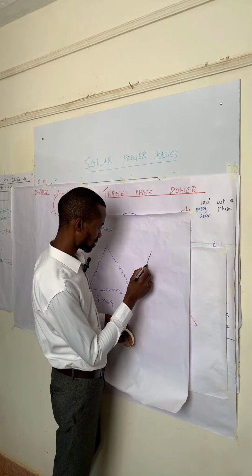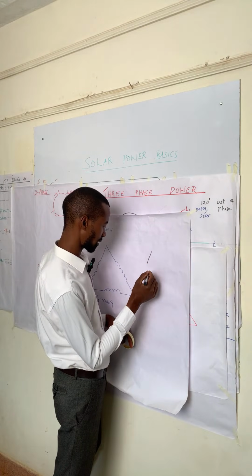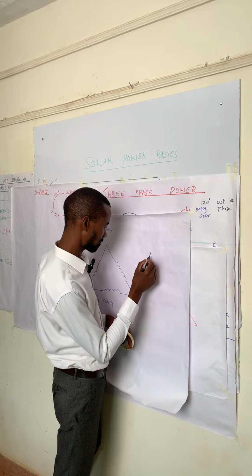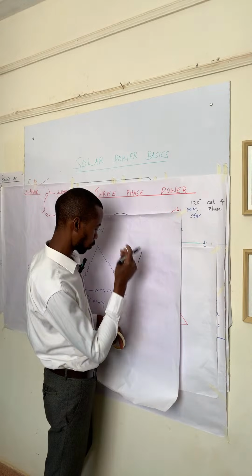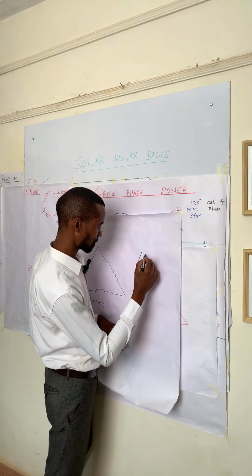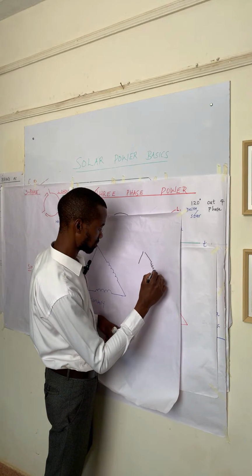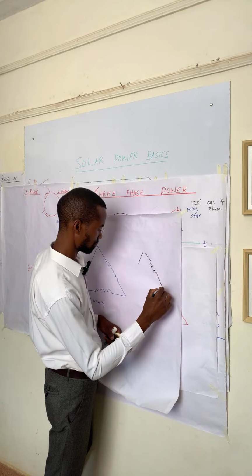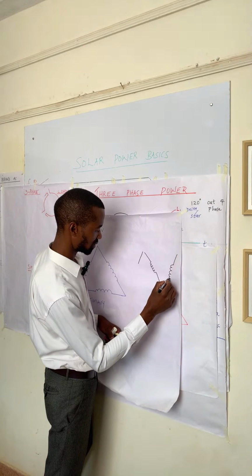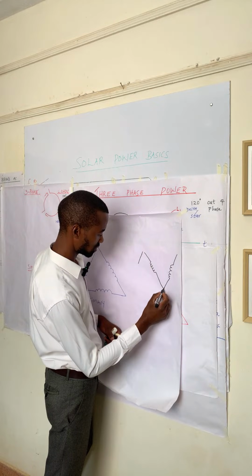I think I've made a mistake right there. All right. For this case, forgive me, let me do this. This is this type of connection. And then we also have this winding right here. You're already getting the picture what type of connection this is.